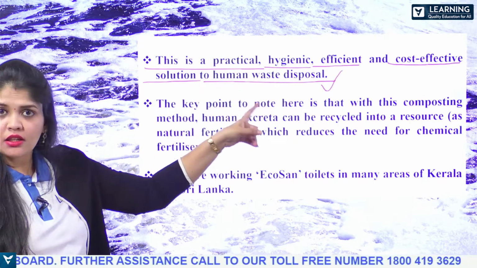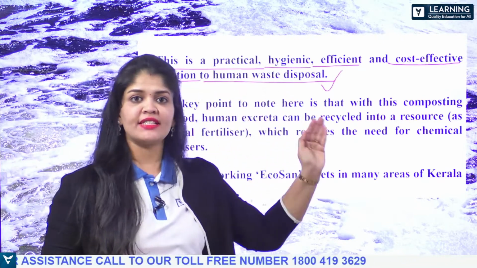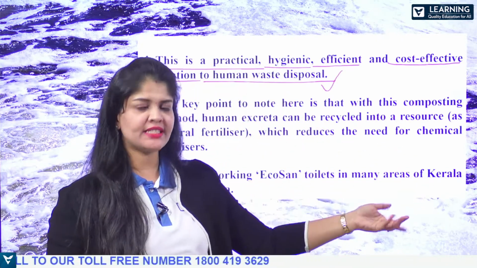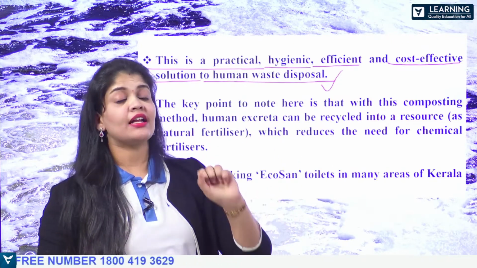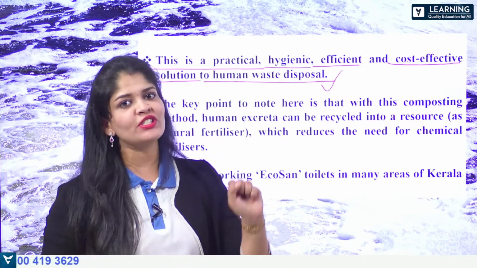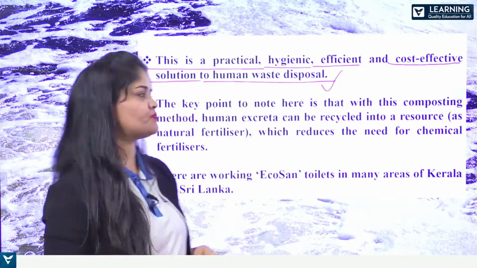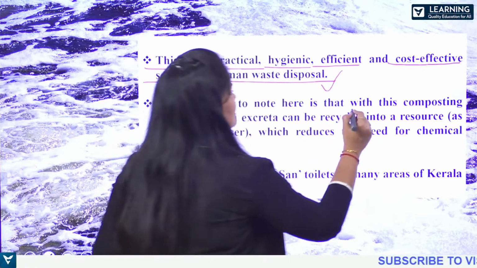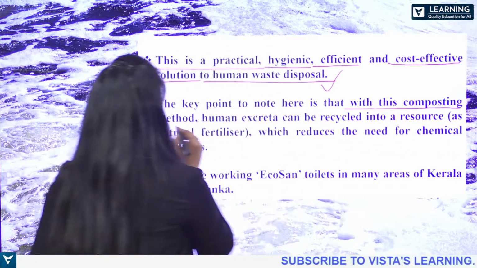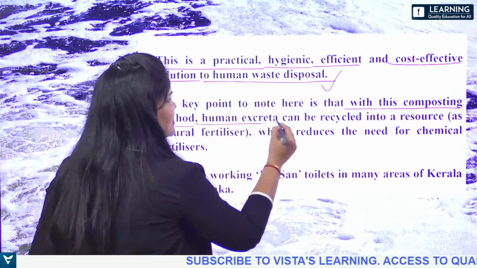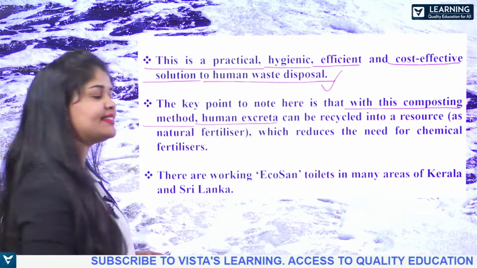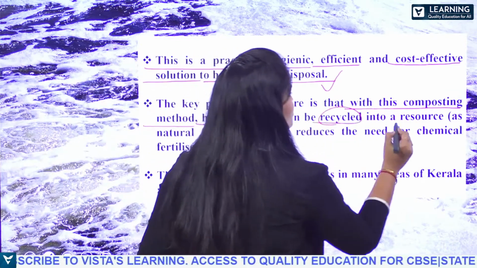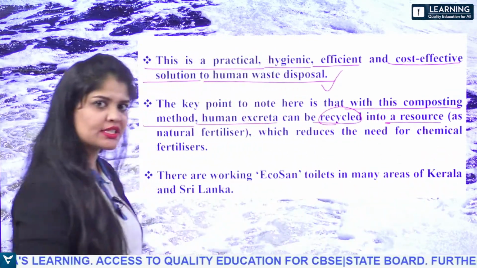One thing, we are converting human waste into natural fertilizers, and the second thing, we are effectively disposing of this human waste. Now, the key point to note here is that with this composting method, human excreta can be recycled, converted into resources. Which resources is that?